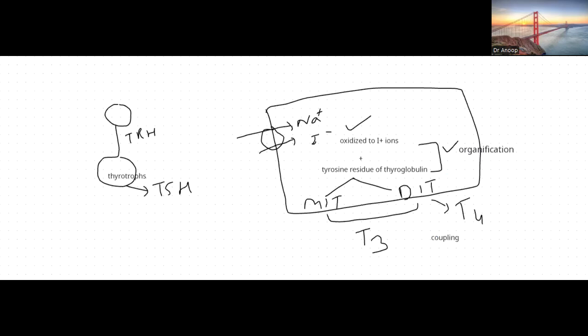So these T3 and T4 will be biosynthesized and they are going to be stored inside the vesicles in the thyroid gland. Whenever there is a stimulus, these T3, T4 are going to be released, right? If someone is suffering from hypothyroidism, you have to give these T3, T4 hormones, levothyroxine.